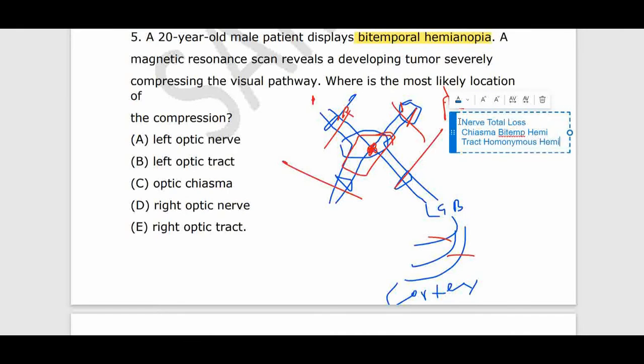And then if it's affecting the radiation, you have quadrantanopia, plus or minus macular sparing, depending on the level. Quadrantanopia. Alright, so let's move on to the next question.